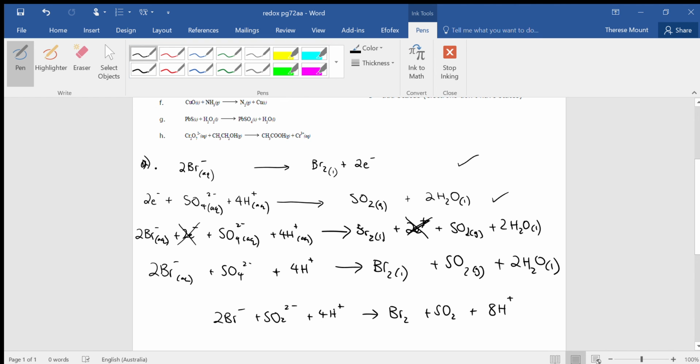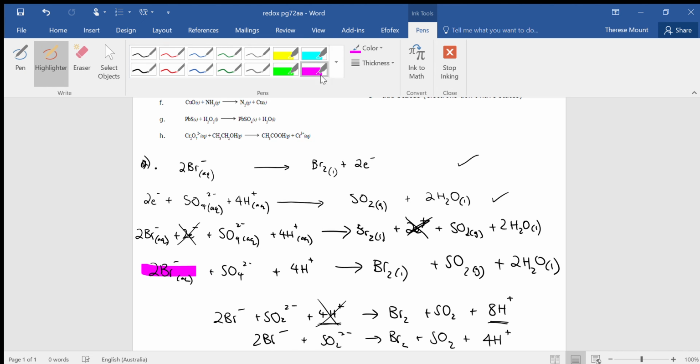What you can do is cancel out the hydrogens, so that looks very similar on both sides, doesn't it? If I've got 4 there and I've got 8 there, what you can do is get rid of that and subtract the 4 from that side, so that changes into 4 hydrogen. It wasn't relevant for this question, but I think in the last one, something like that comes up. So the final answer for this question was here.